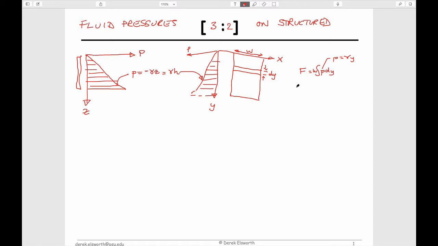And so what we could do is integrate this, and we'd come up with a width w times the integral of unit weight gamma y dy, and if we do those integrals between 0 and y bottom, I suppose, we'd end up with w gamma one half y squared, all evaluated between 0 and y bottom.